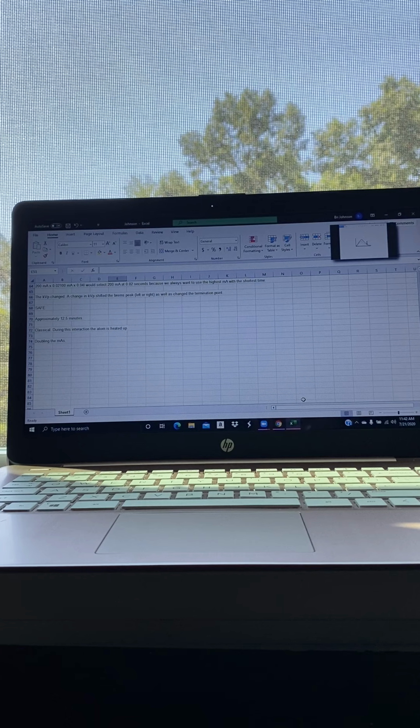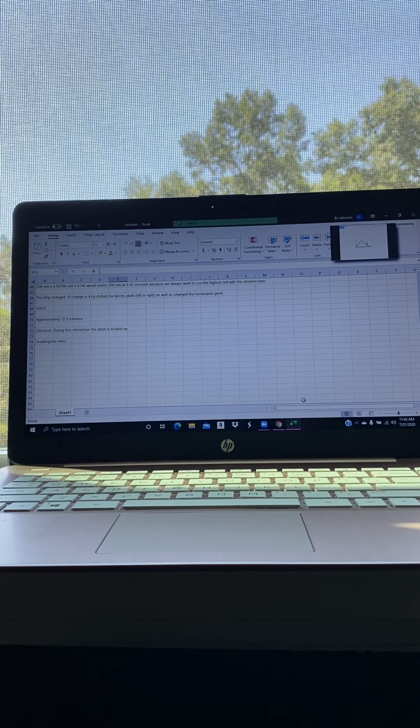There's a change in the amplitude shifting left and right too. See how this one, the peak is further to the right, and here the peak is to the left. So that also corresponds with a change in KVP because my average energy is lower with a lower KVP. My average energy is higher, or more to the right, with a higher KVP.